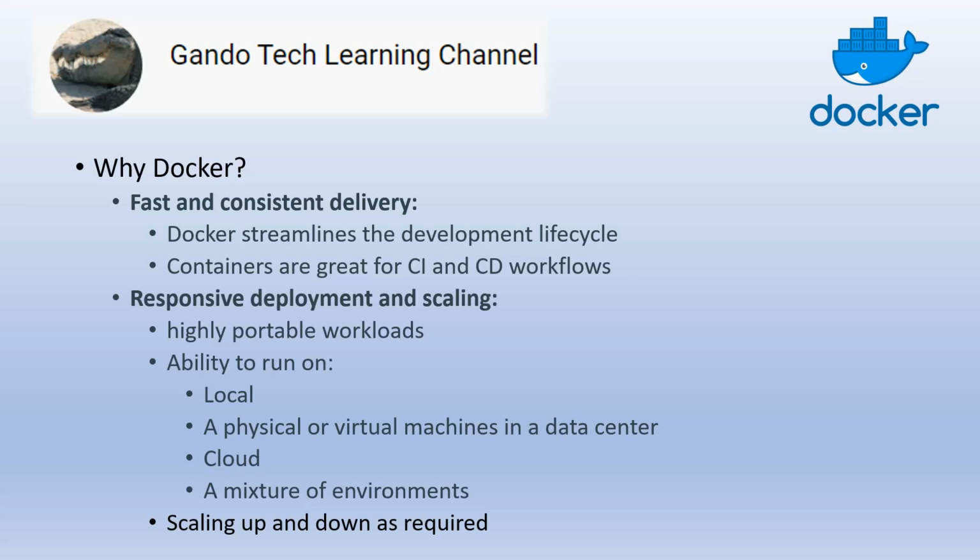And the other thing is responsive development, deployment, and scaling of your applications, which enables you to have a highly portable workload. You can run the application on your local machine, or on physical or virtual machines in a data center, or on the cloud, or a mixture of all these environments according to your architecture.